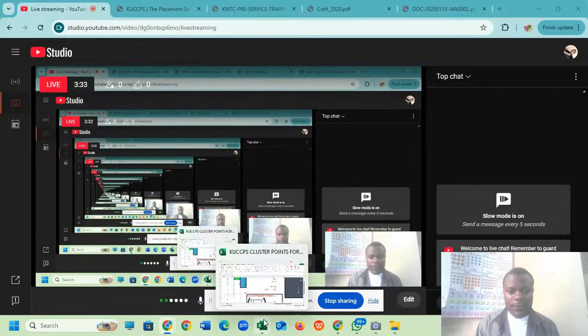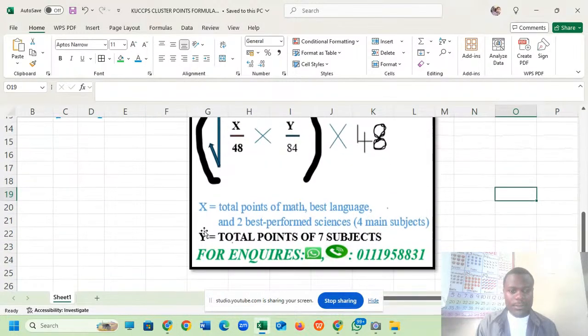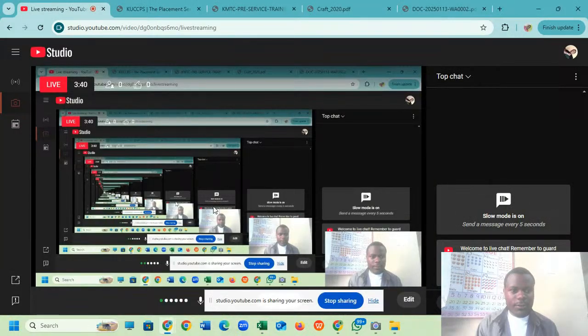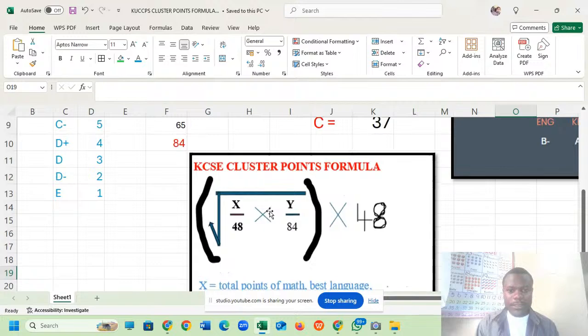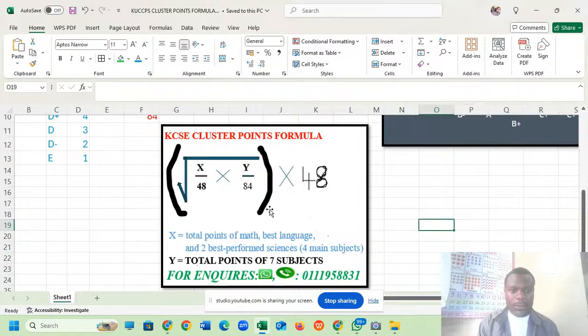So the formula is on this Excel. Let me confirm if you are able to see. So this is the formula.